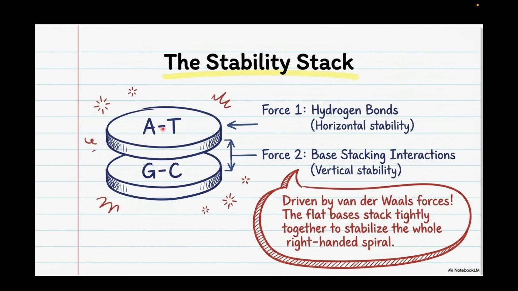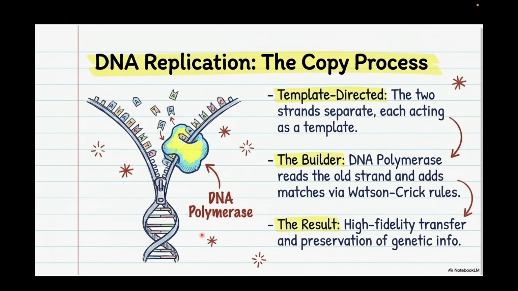The bonds between the nucleotide bases are hydrogen bonds, which give horizontal stability, and vertical stability is due to base stacking interaction. These forces are driven by van der Waals forces. The flat bases stack tightly and stabilize the whole right-handed spiral, maintaining a constant width and stability.